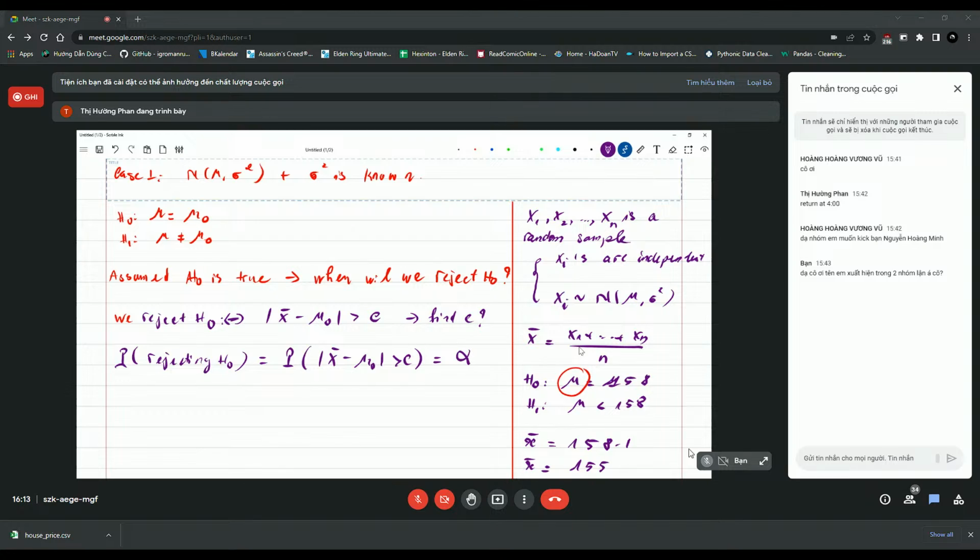What is the distribution of H bar, everyone? Do you remember? Given the assumptions that the Xi are independent and follow normal distributions, what is the distribution of H bar? We did it so many times, everyone.